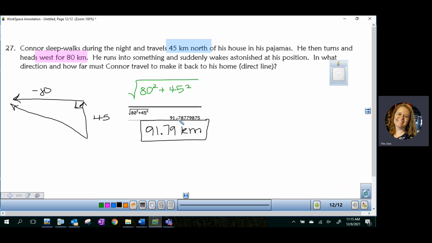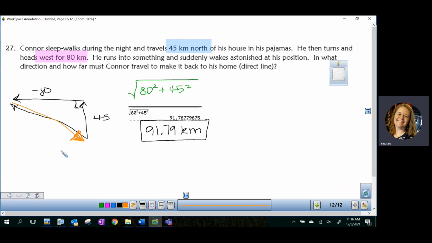It says he walks north and then west, and he wakes up astonished. How far and in what direction must Connor travel to make it back to his home? So the resultant vector is going this way, but I actually want to know this direction going this way, don't I? To get back home, doesn't the arrow need to go this way?